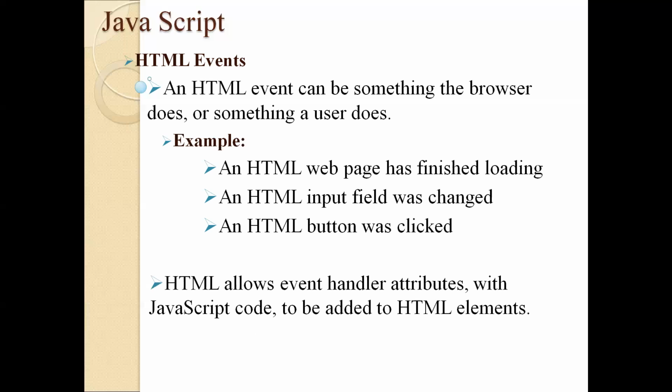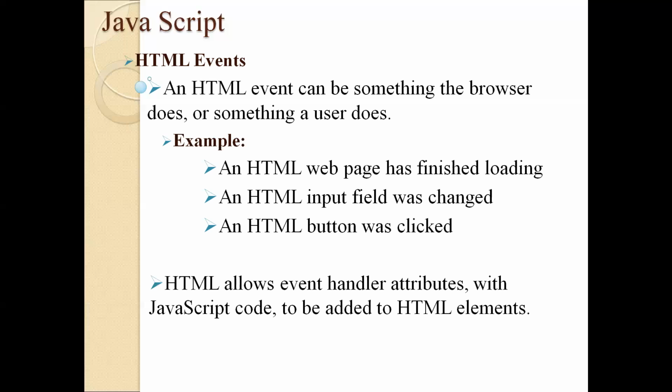And HTML allows event handler attributes with JavaScript code to be added to HTML elements. So there are some attributes which are used to handle the events in JavaScript. As I said earlier, if somebody makes a click on the button, I want an action to be performed.